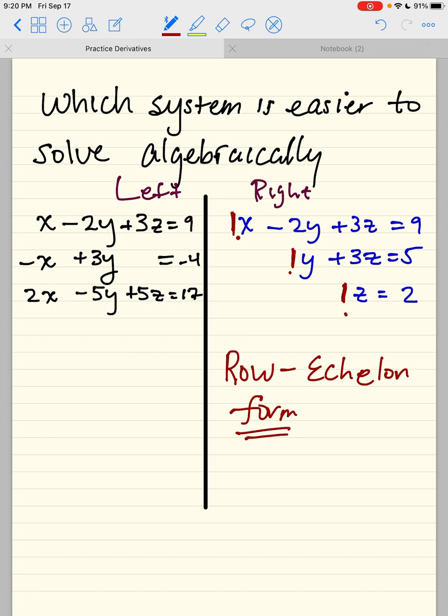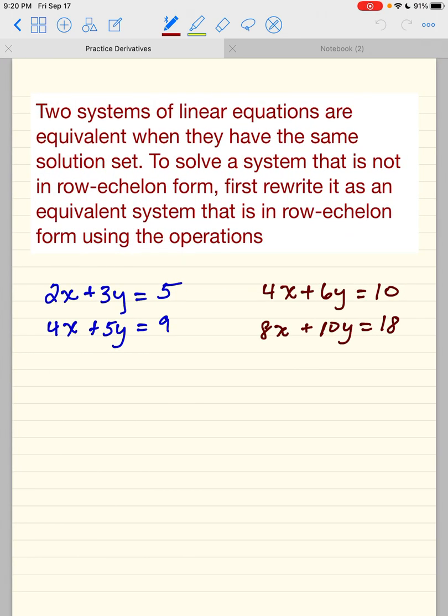Okay, so let's go on. Two systems of linear equations are equivalent when they have the same solution set. What does that really mean? Isn't it true that for this and this, and for this and this, they're going to yield the same solution?